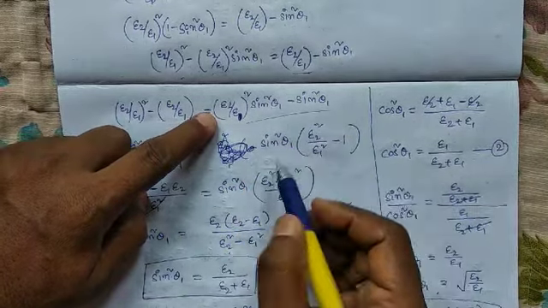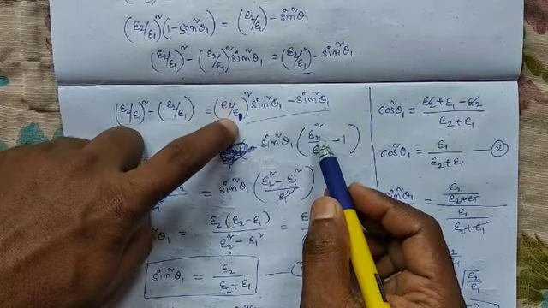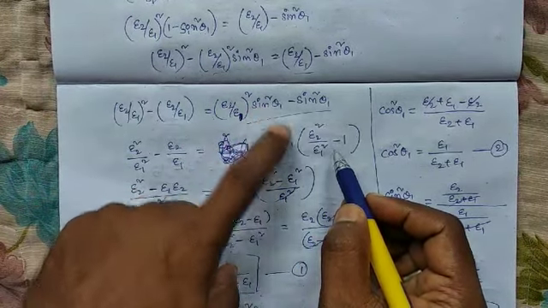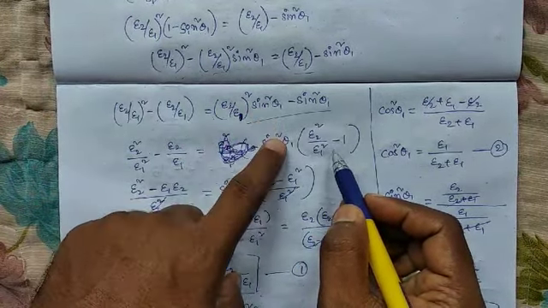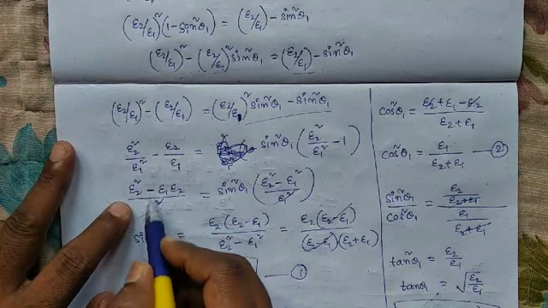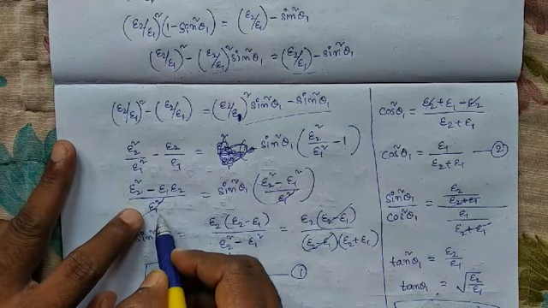Here it is epsilon 2 square by epsilon 1 square, and sin square theta 1 is common, minus 1. We are simplifying the left hand side by performing the LCM. The LCM is epsilon 1 square.